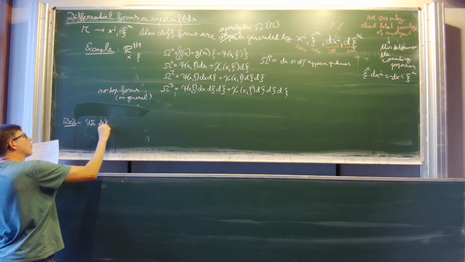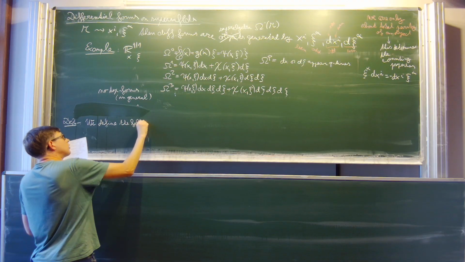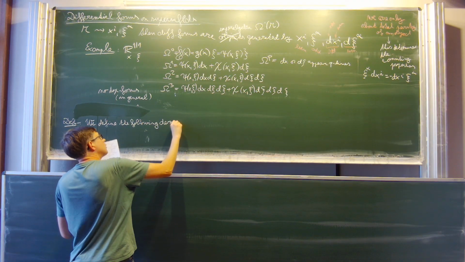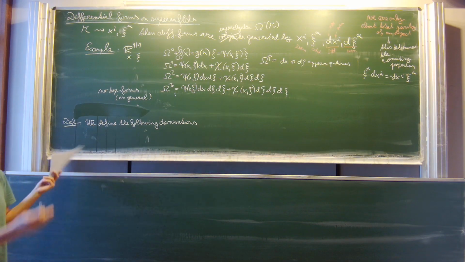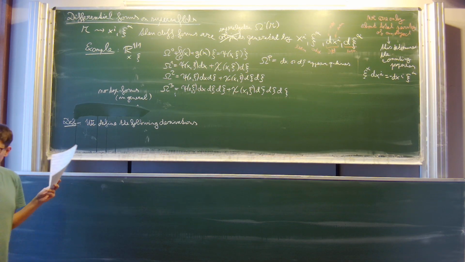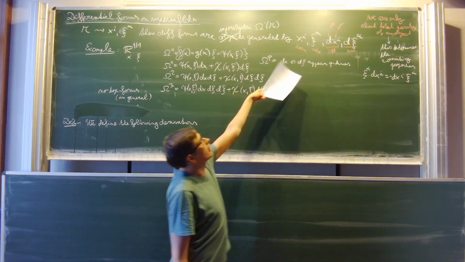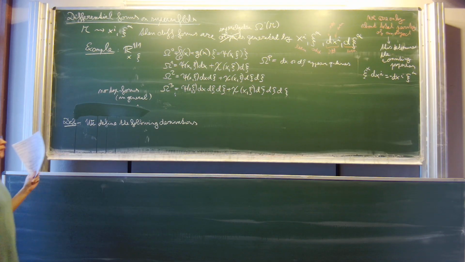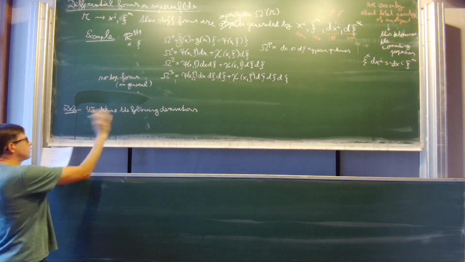So we define the following derivations. Again, same definition of a derivation: it's something that is even or odd, and changes the parity, because again, this was a superalgebra, just like the algebra of forms of an ordinary manifold. So nothing changed there.